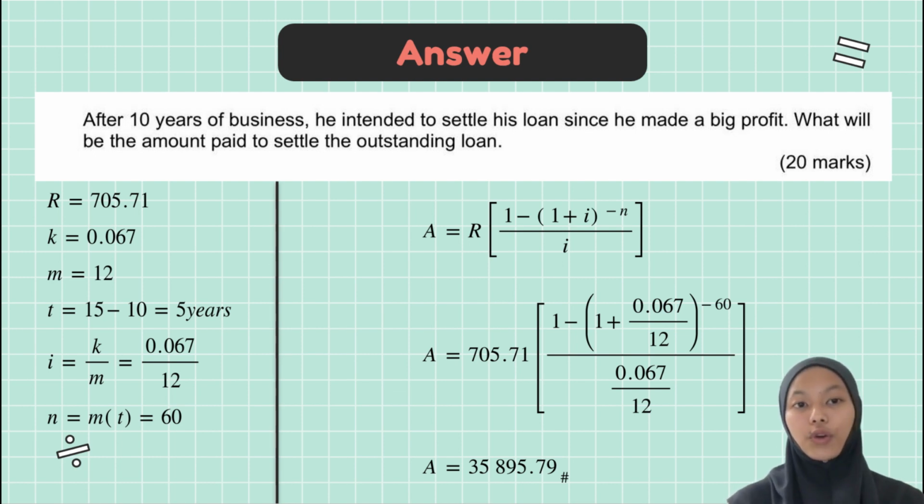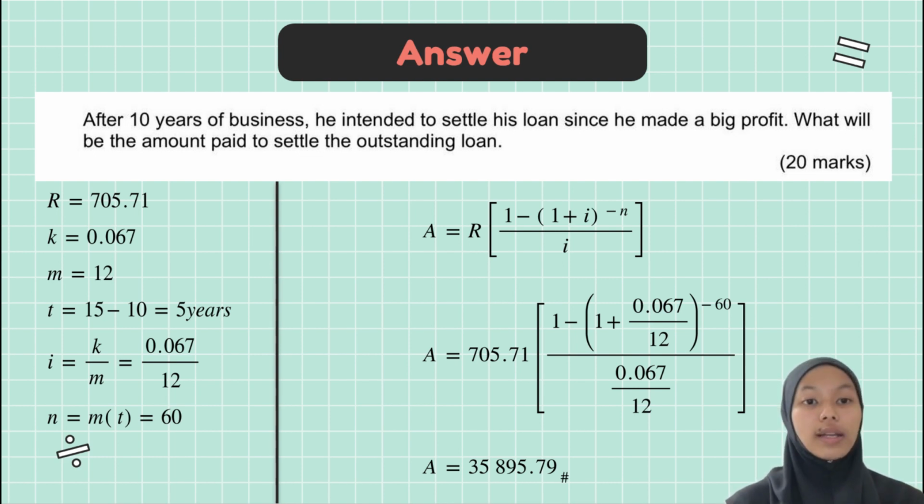As we got the new value for T, we need to find the new value for N, where M is 12 and T is 5. So the answer is 60. The formula that we use is the same as question 1, which is A equal to R times [1 minus (1 plus I) to the power of negative N] over I. Substitute the values into the formula: A equals 705.71 times [1 minus (1 plus 0.067 over 12) to the power of negative 60] over 0.067 over 12.